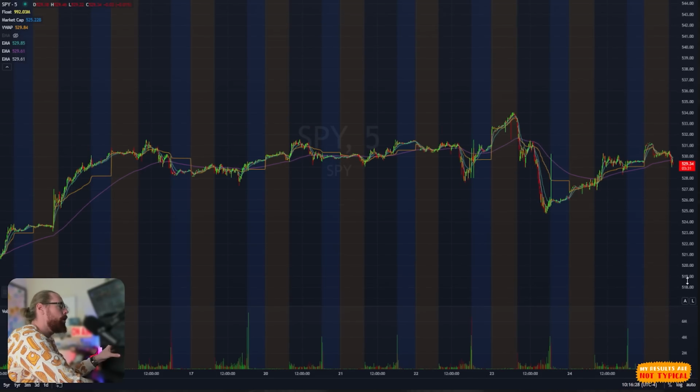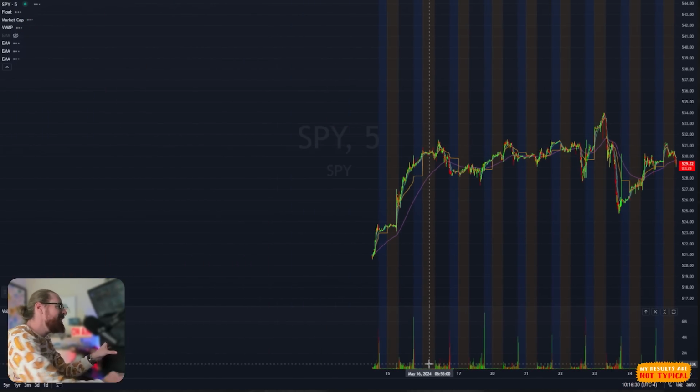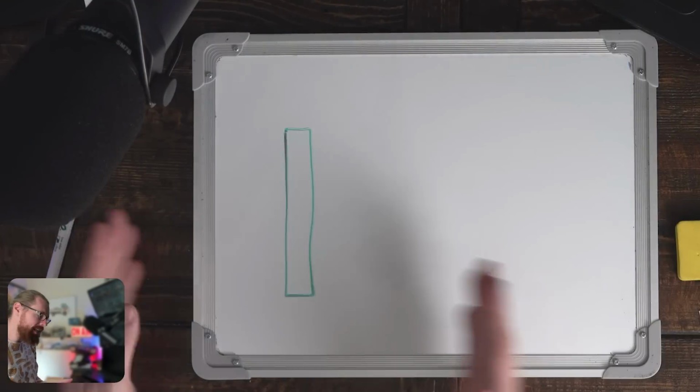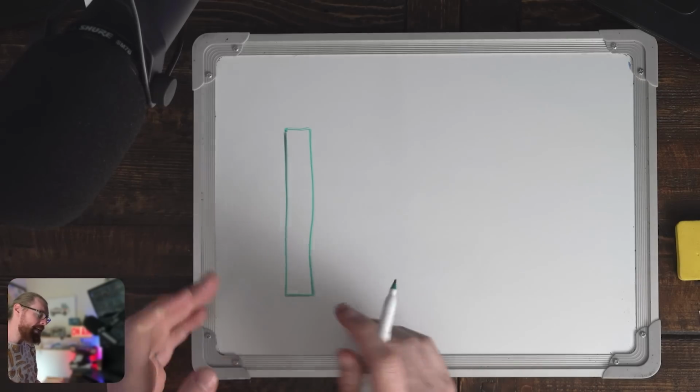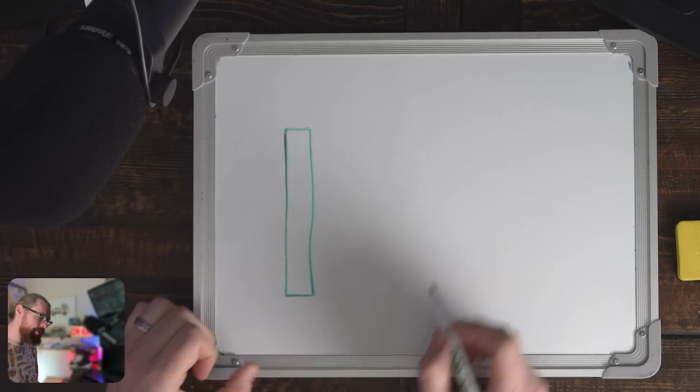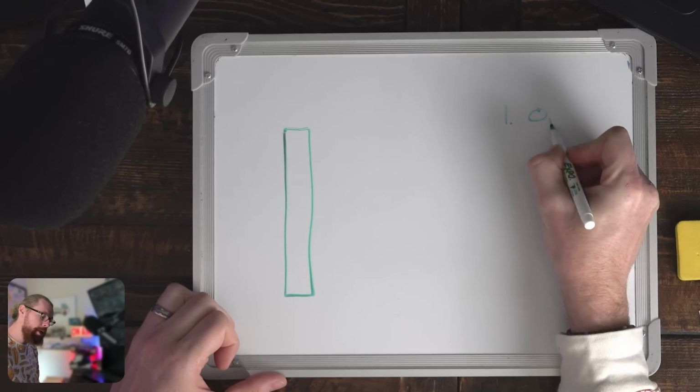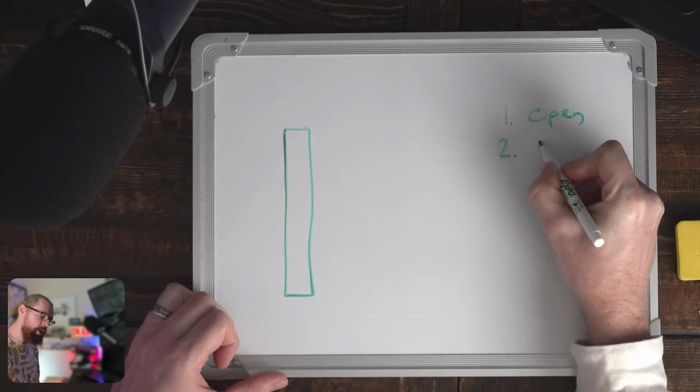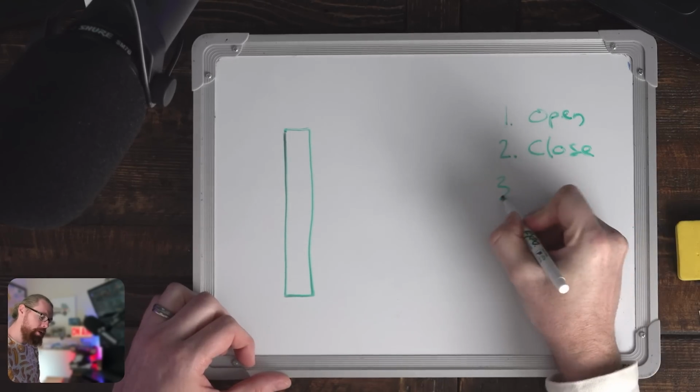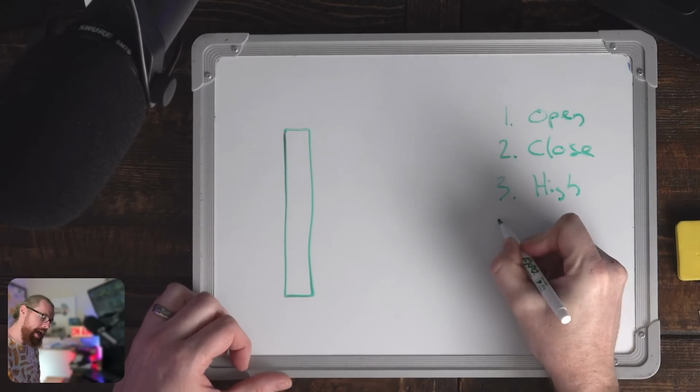So all of these charts are created by these individual candlesticks.